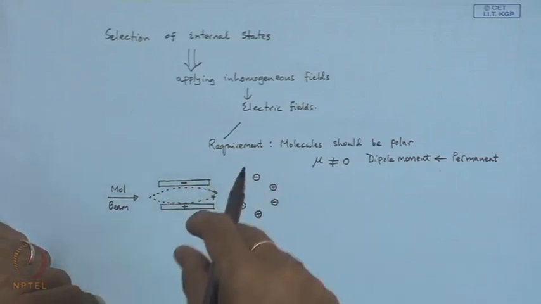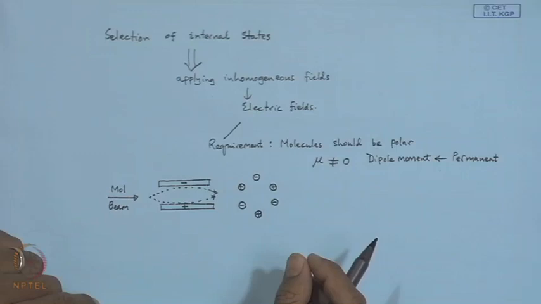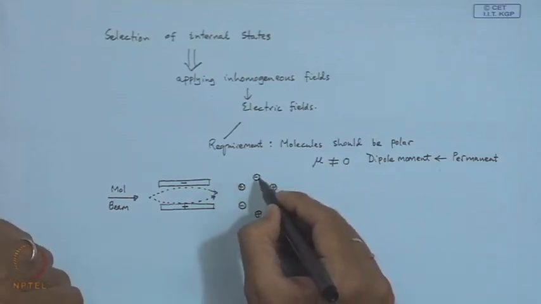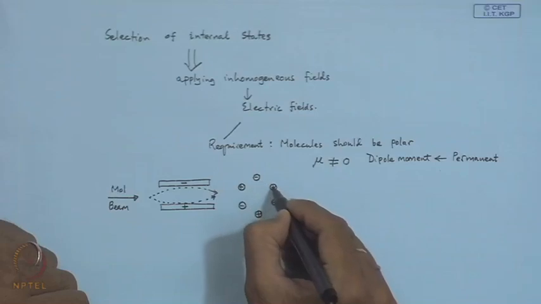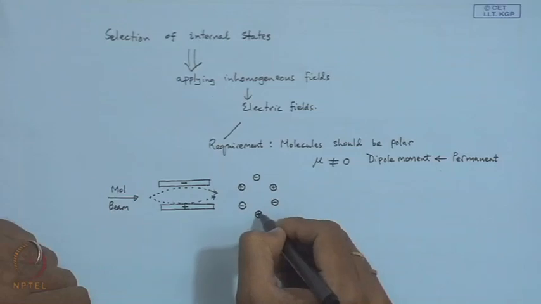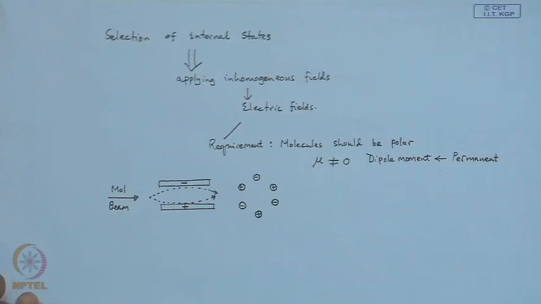So, molecules will pass through this inhomogeneous electric field. You see that it is not homogeneously changing; if you go from here to here it is plus, again it is minus, and again plus minus. So, it is changing constantly with position.